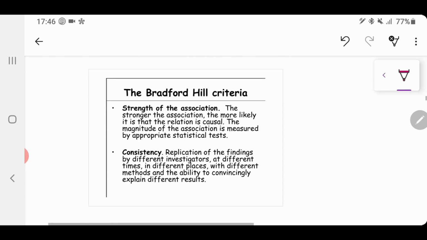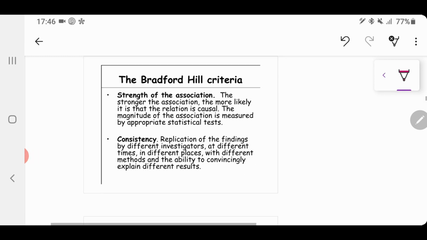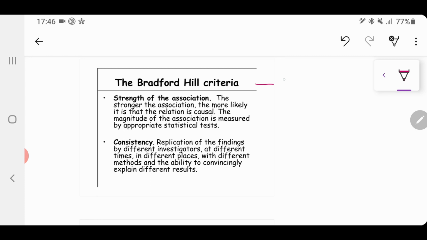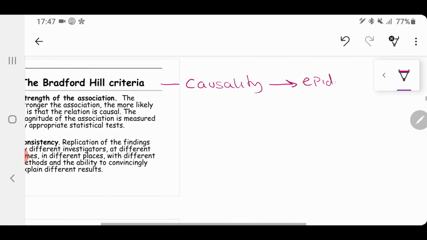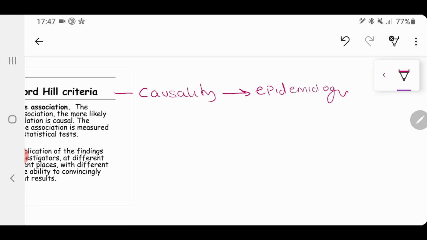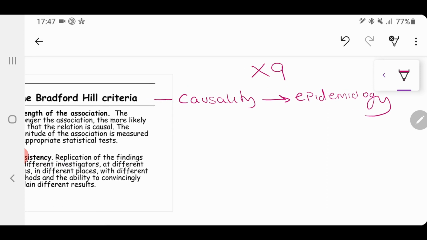And so this is what I mean. The criteria for causality in epidemiology. And these are the 9 criteria.